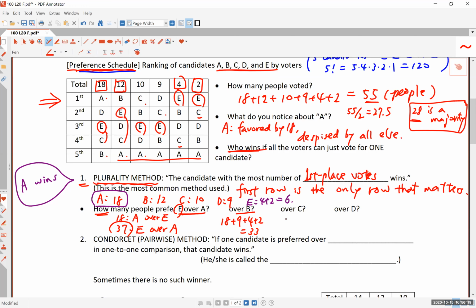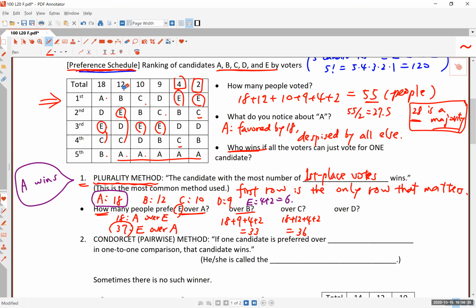So how many people prefer E over C? The answer is 18 plus 12 plus 4 plus 2, and that is 36 people. Again, a large majority of people would prefer E over C.